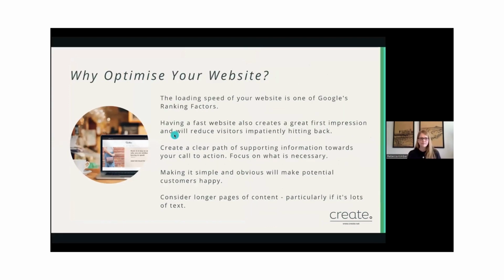And the other thing about having a fast website is it's one of Google's ranking factors, because all the things I've just talked to you about are really about usability for the customer, about them getting really quick information from you and making that connection with you and knowing that they want to be on your website. And one of the things that really puts people off is slow websites, and that's why it's one of Google's ranking factors.